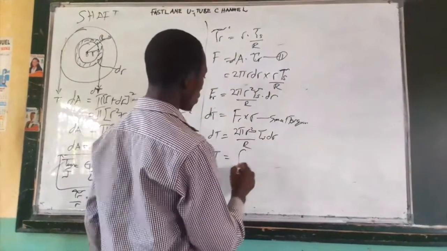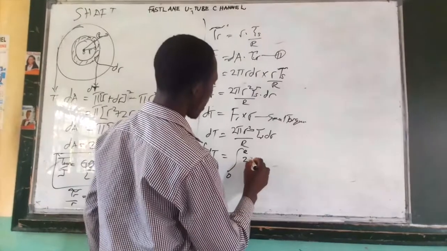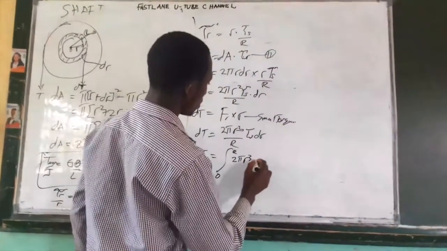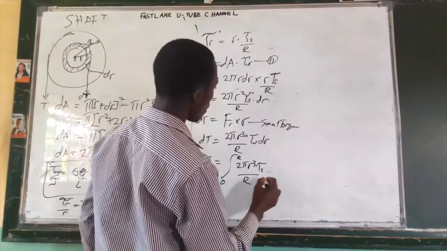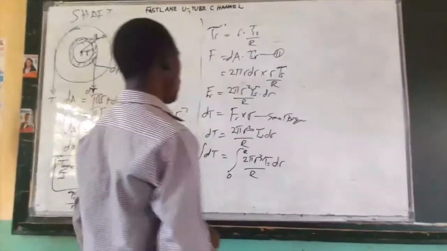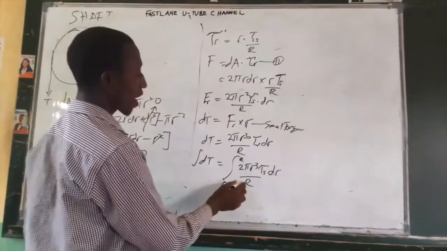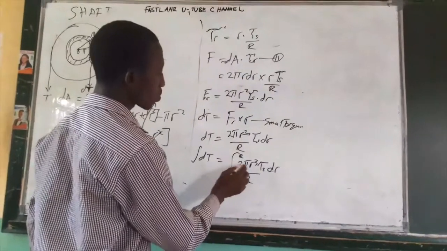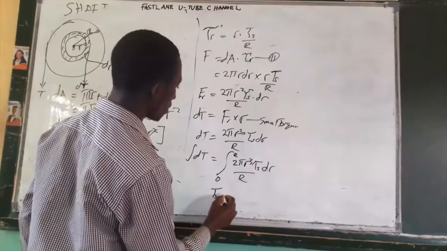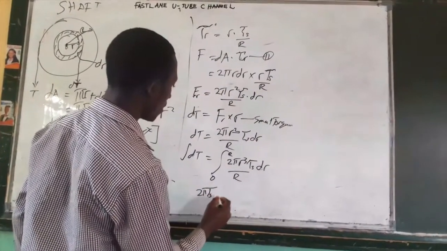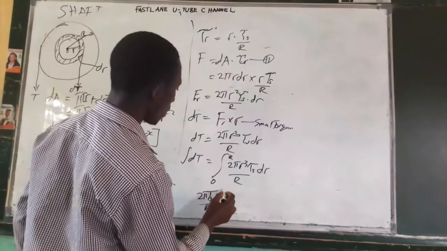On this side, we integrate from 0 to R of 2 pi r cubed times the tangential stress at the surface over R, dr. Remember, 2 pi, the tangential stress at the surface, and R are constants.